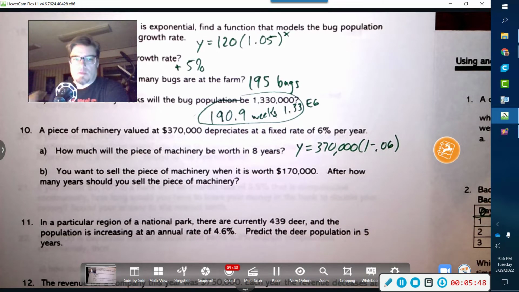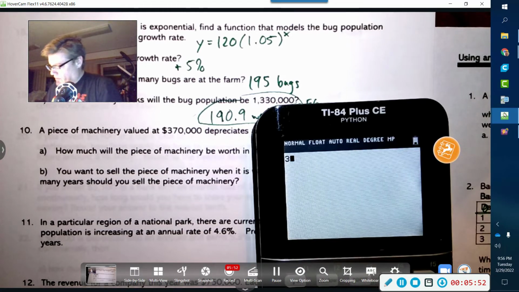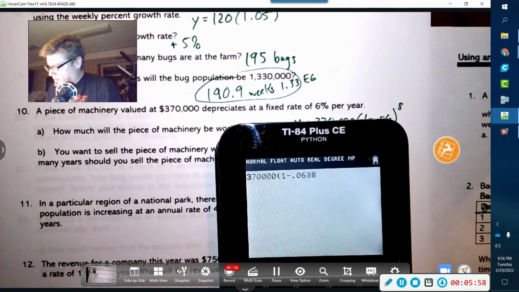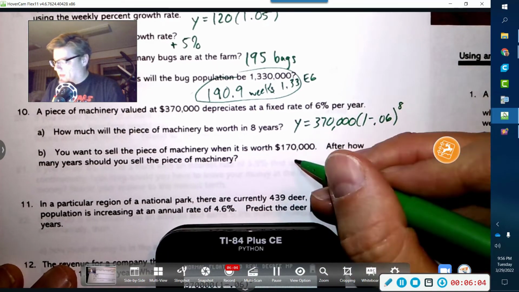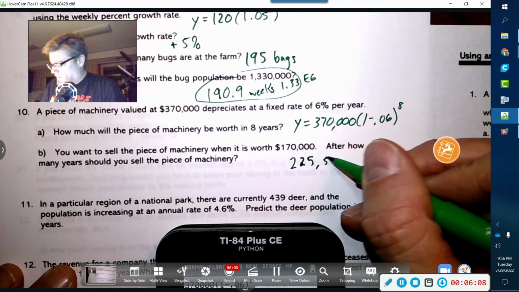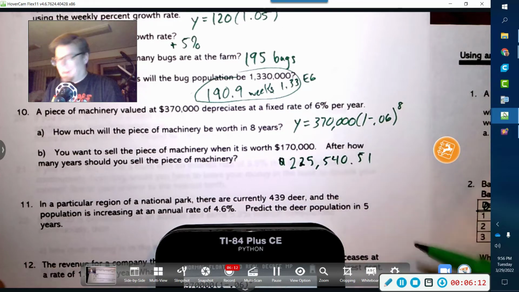That'll work as well. And we want to raise this to the 8th power. So 370, 1 minus 0.06 raised to the 8th power. It's going to be worth $225,540.51. Now that is actually A.